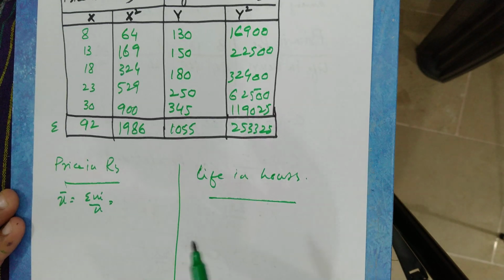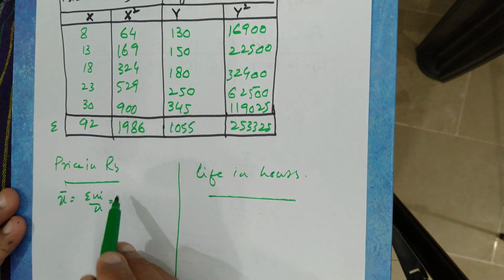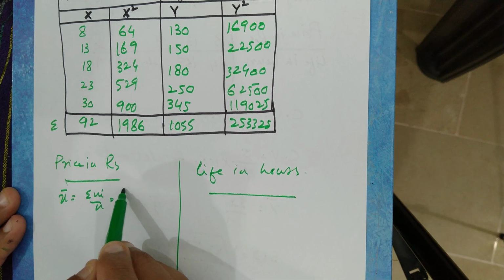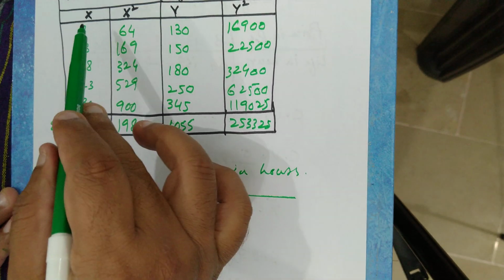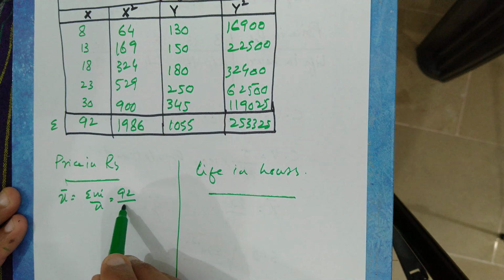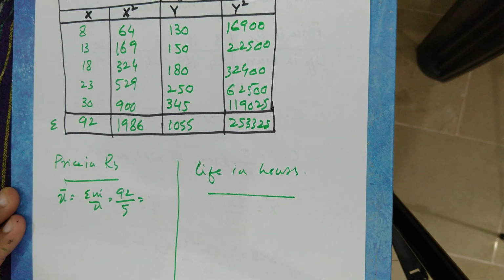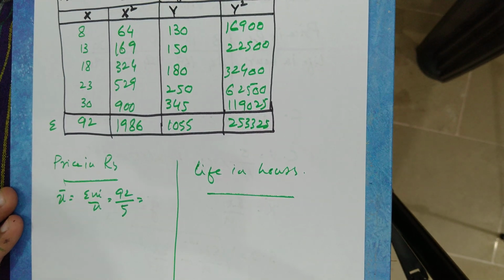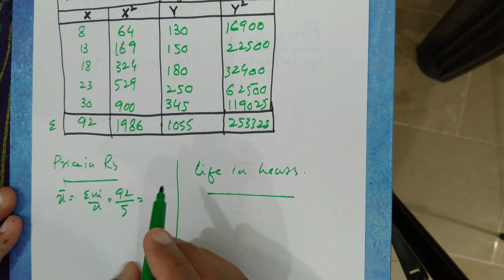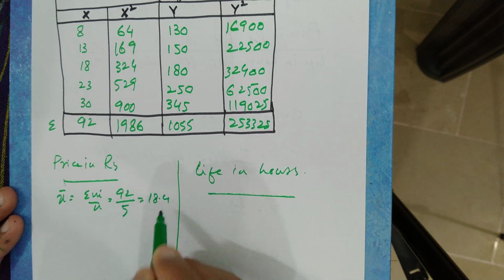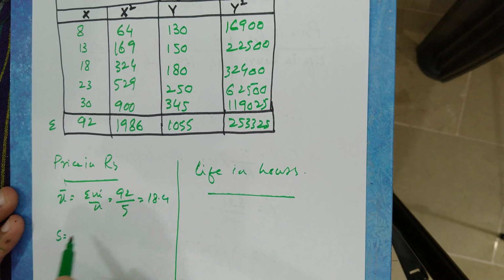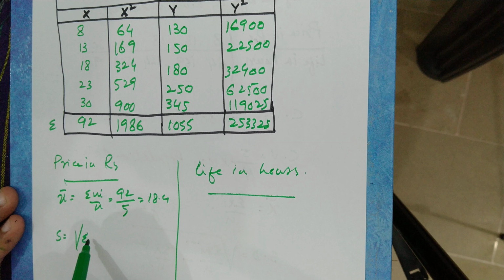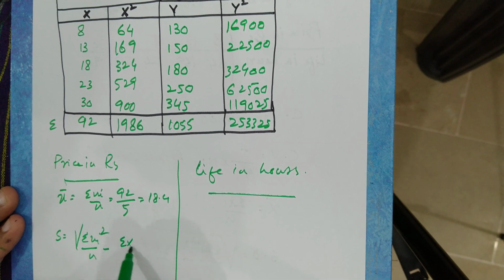The sum of x is 92, divided by 5 items, so 92 divided by 5 is equal to 18.4. The standard deviation is the square root of summation of xi square upon n minus summation of xi upon n whole square.